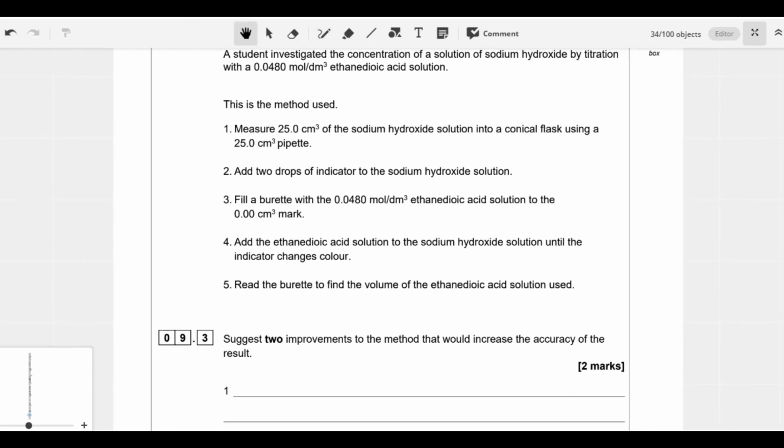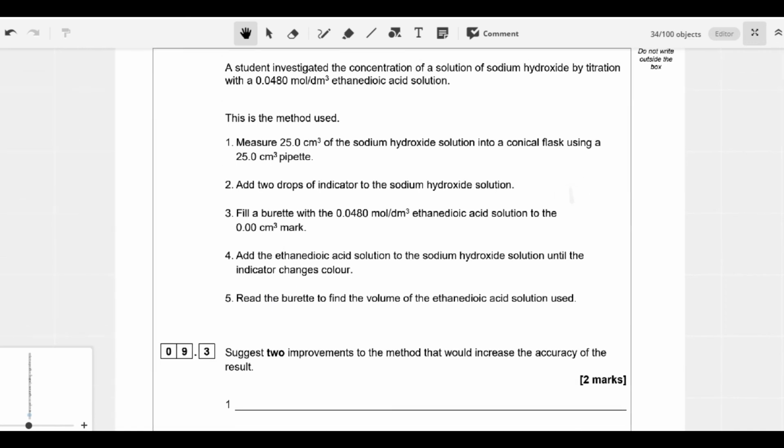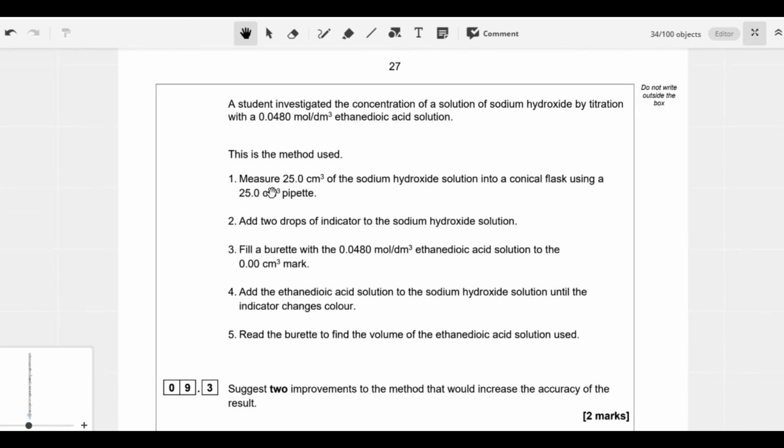Okay, next question is, suggest 2 improvements to the method that would increase the accuracy of the result. Here is the method that is given, and we have to read it out.